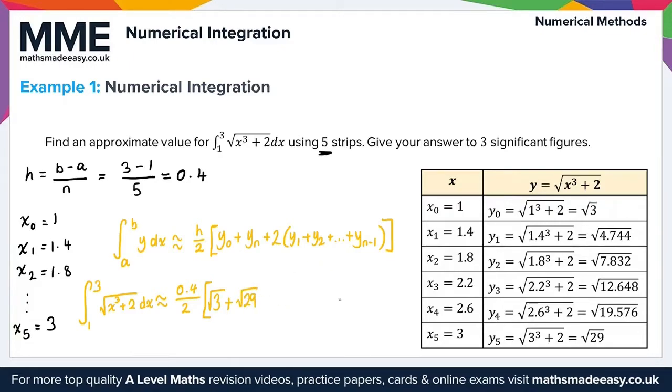This will be quite tricky to fit fully on the screen, but let's give it a go. It's going to be 2 lots now of y1, so the square root of 4.744.